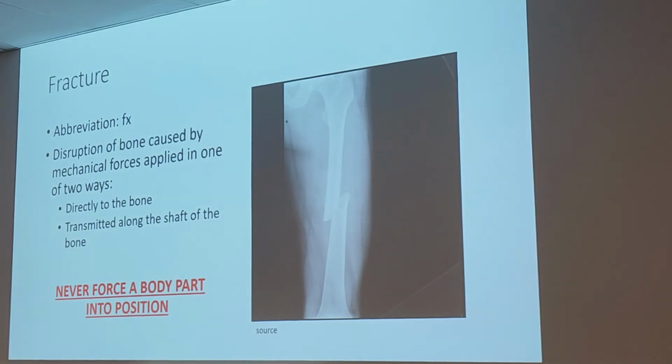If the patient has a forearm fracture, you're not going to grab that arm and that wrist and twist it so it is AP. If the patient has a femur fracture or a tibia fracture and the foot is laying sideways, you're not going to grab that foot and twist it AP.